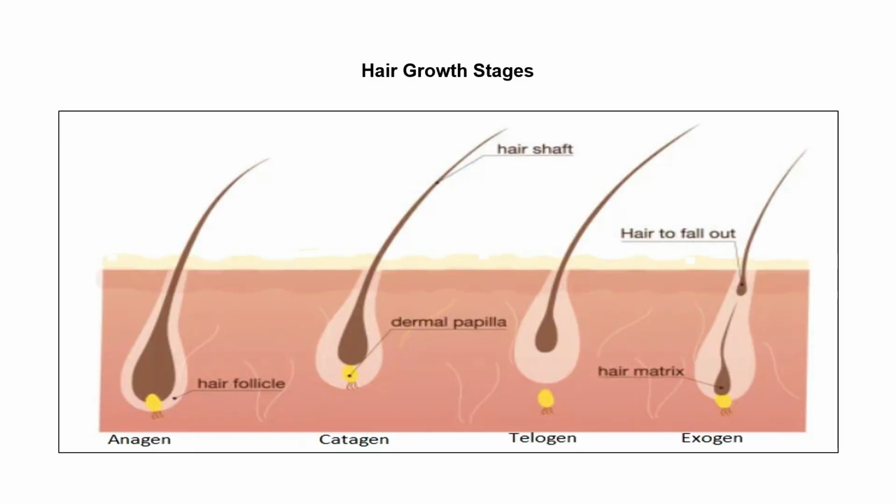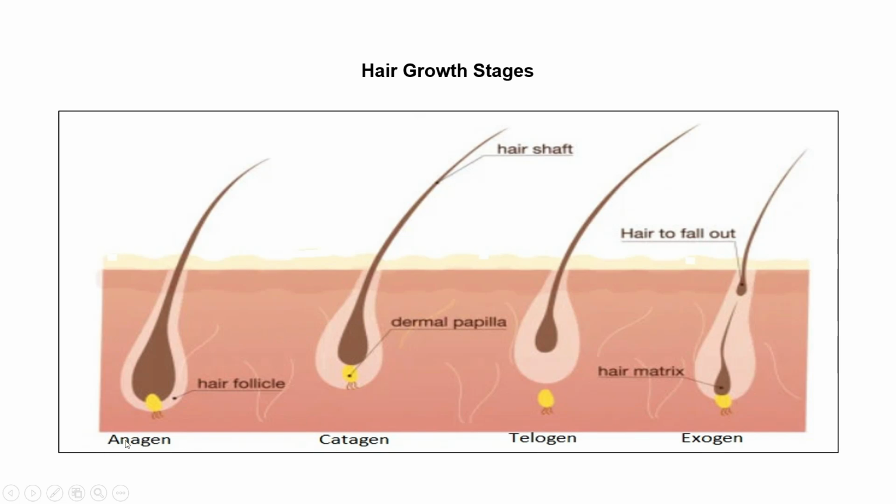Before going on, we will see the stages of hair growth. Here we have 4 stages shown. Generally we apply these 3 stages, because the hair is already settled in these stages. First is the anagen stage, the growth stage.